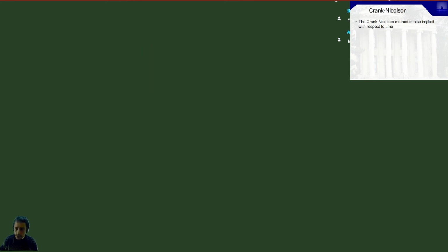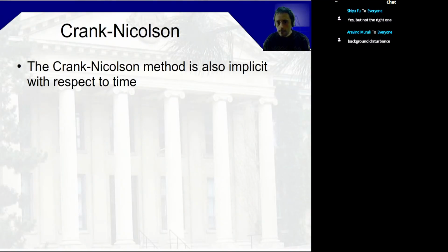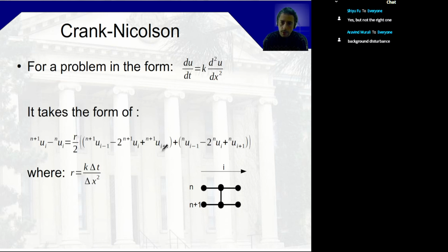So what's the alternative in that case? Well, the alternative is the Crank-Nicholson, where we are assuming that we're at a point in between two intervals. We assume that we want to take the value at a point between those two intervals, and so we end up averaging the past.